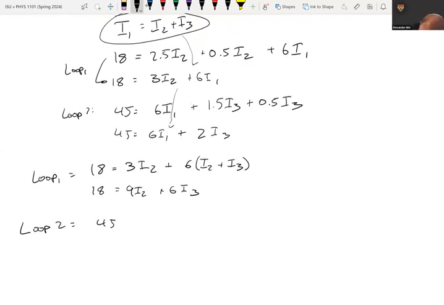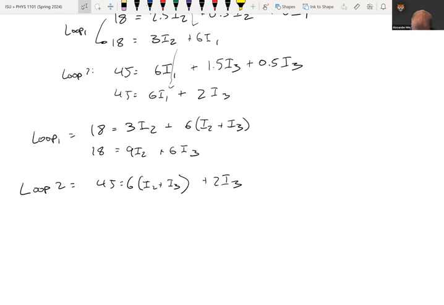That's 45 equals 6 times I2 plus I3 plus 2 I3. Splitting that out, 45 is equal to 6 I2 plus 8 I3.